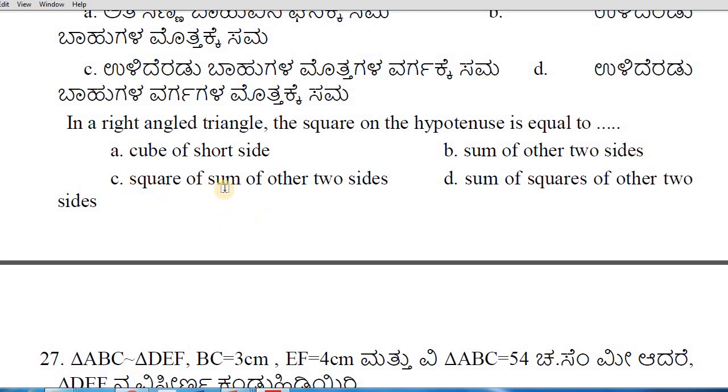Square of sum of other two sides. Option D is sum of squares of other two sides. You will be in confusion between C as well as D. So the correct option is sum of squares of other two sides. It is not the square of the sum of the other two sides. It is the sum of squares of the other two sides.